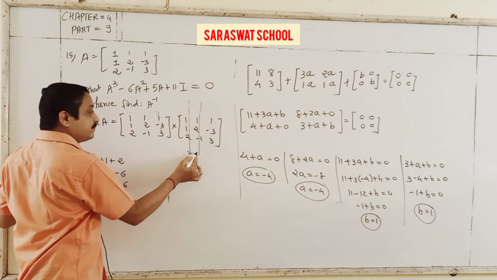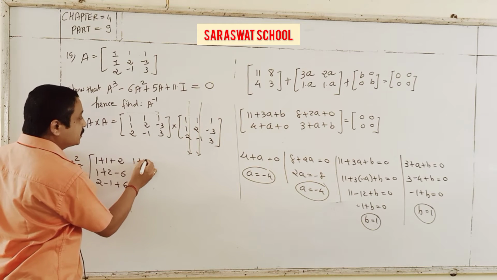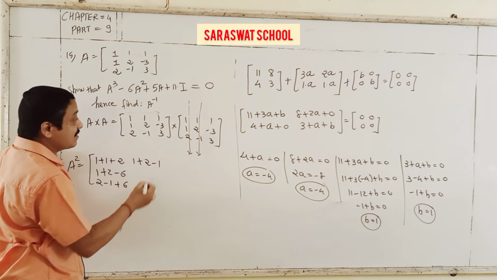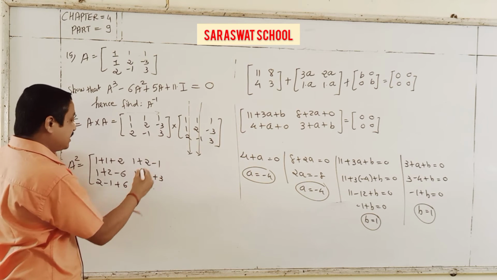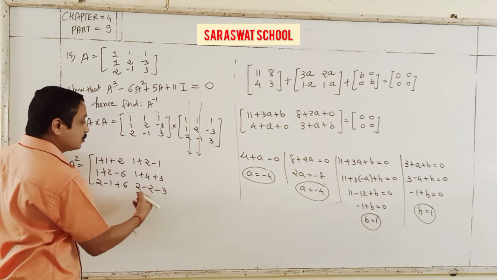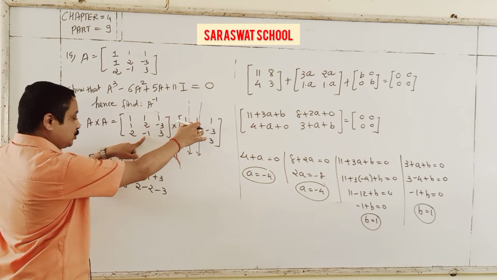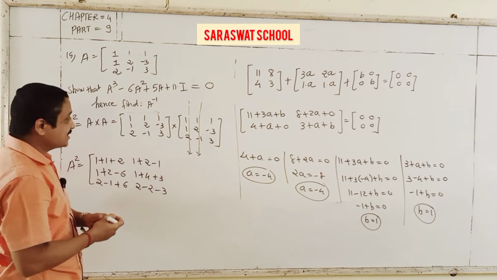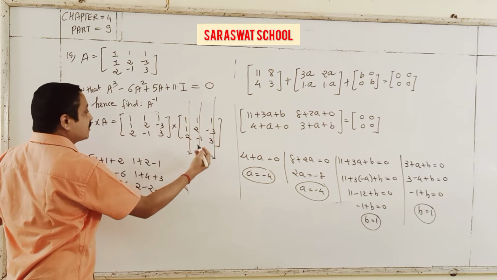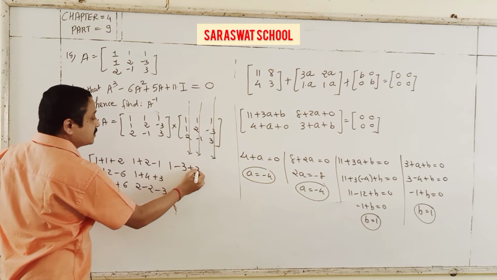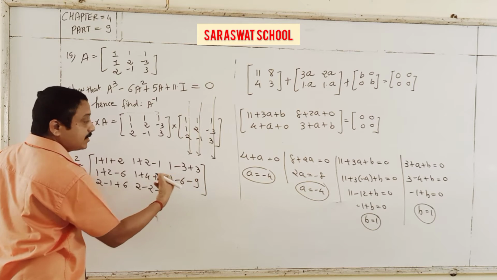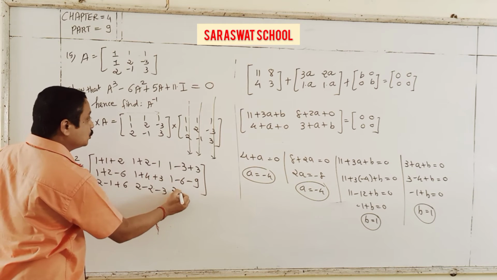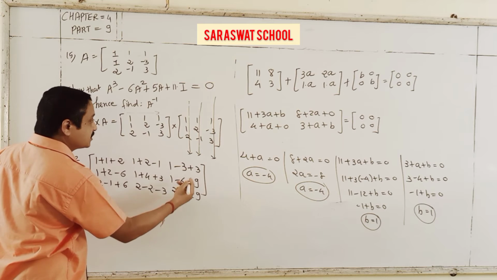Now second entry: 1 ones are 1 plus 2 ones are 2 minus 1 ones are 1, next 1 times 2, twos are 4 plus 3, and last 2 minus 2 and minus 3. Same, students, last column entry: it is 1 minus 3 plus 3. Continue, 1 minus 6 minus 9, and last 2 plus 3 plus 9.